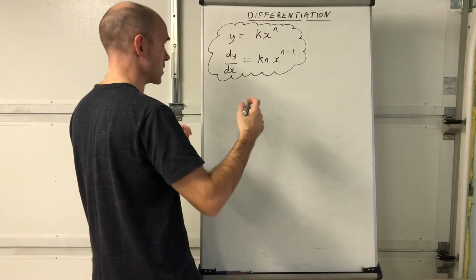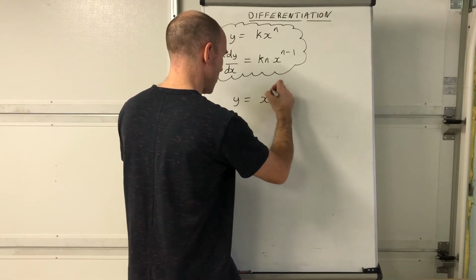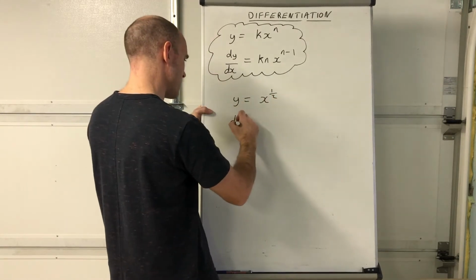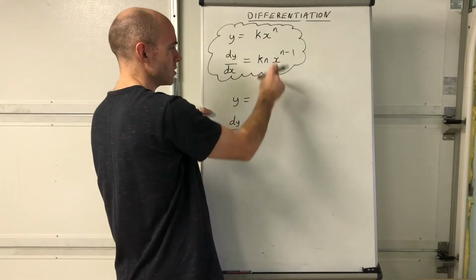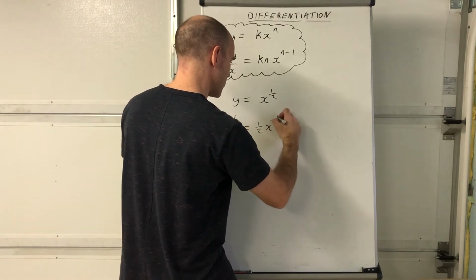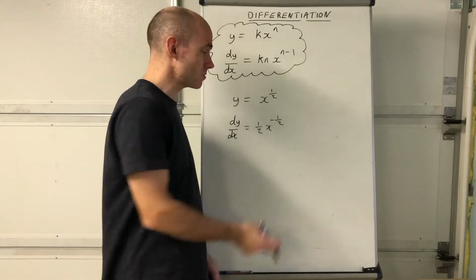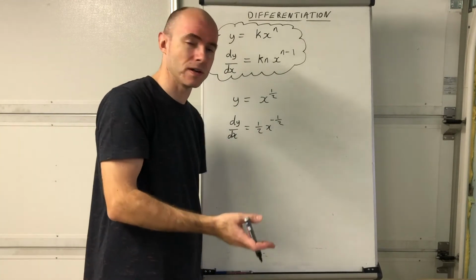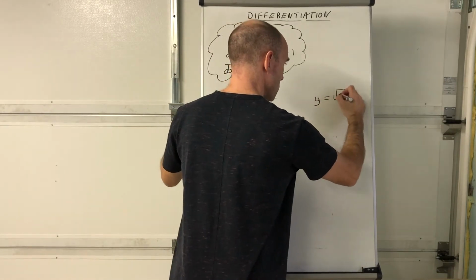So let's just see how it works for fractional values first, shall we? When you've got x to the power of a half, what is dy dx? Just exactly the same process, okay? You just put the half in front, so 1/2, and then decrease the power by 1, negative half. That's it, okay? For the time being, just write these in index form. Of course, you could write this as y equals square root of x.